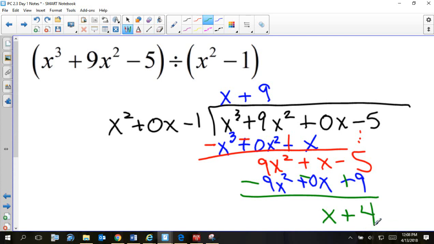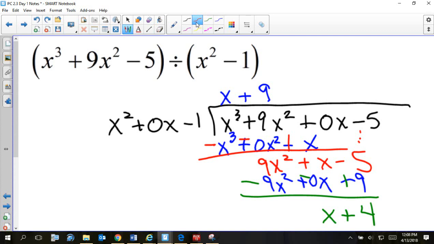And I get x plus 4. Now I know I'm done. I'm ready to write my answer. Do you know why I know I'm done? Can't bring anything else down. So I'm done. That is the remainder.